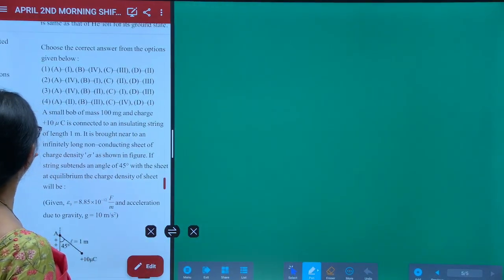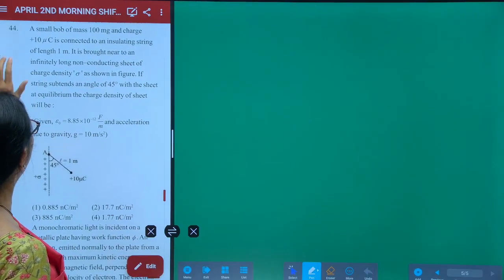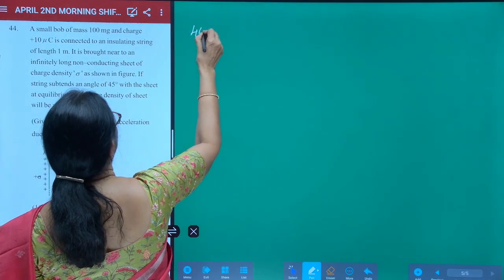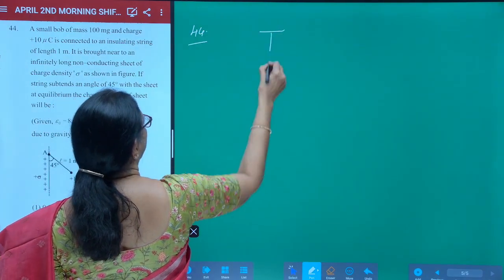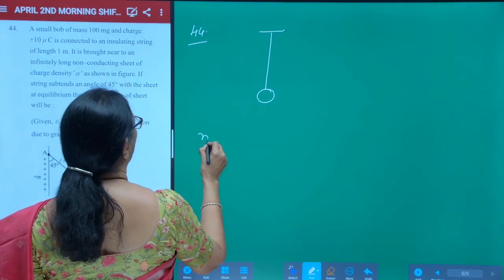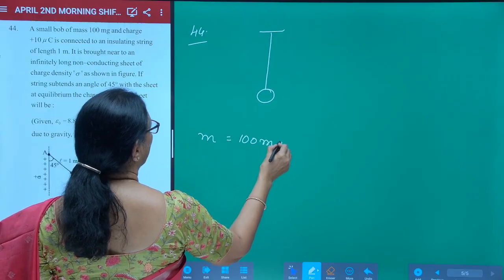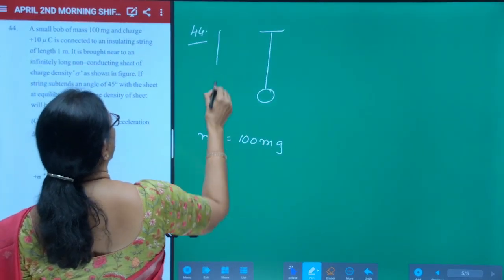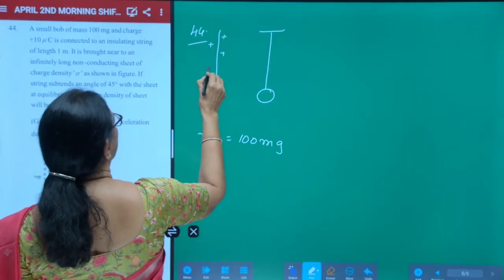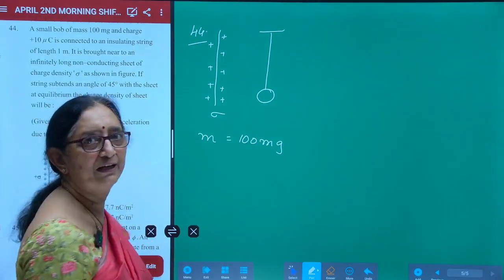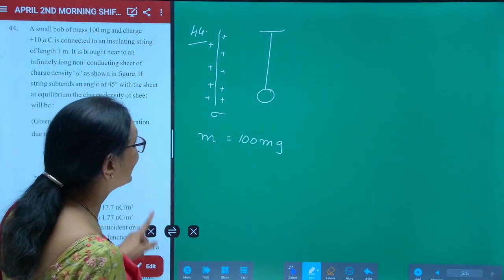Look here. 44th question, it is like this. A small bulb of mass 100 milligrams is suspended by means of a string. It is placed by the side of a uniformly charged sheet of surface charge density sigma.